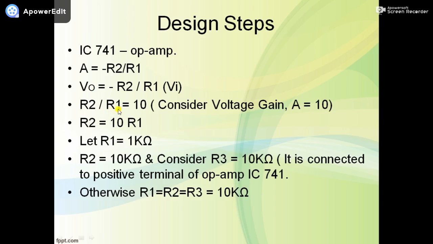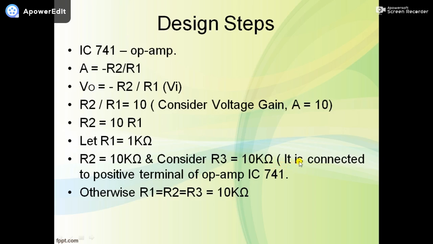So R2 by R1 is equal to 10 from this equation. Let us assume R1 is equal to 1 kilo ohm resistor, then R2 becomes 10 kilo ohm. And one more additional thing is, consider R3 is equal to 10 kilo ohm, and actually it is not there in the circuit diagram.